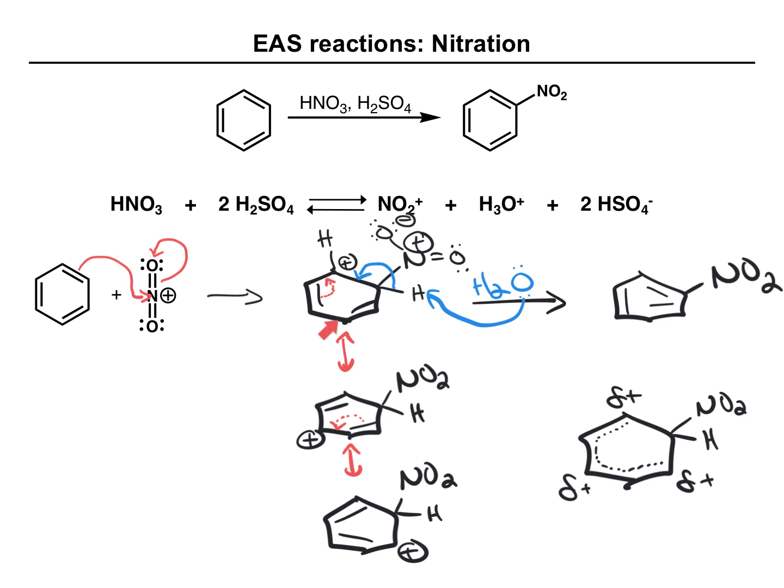And thinking about the resonance contributors is going to be very important to try to determine whether a reaction is going to happen more quickly or more slowly, and whether the product will be installed ortho, meta, or para to the original substituent. So working through the mechanistic details is really, really helpful.